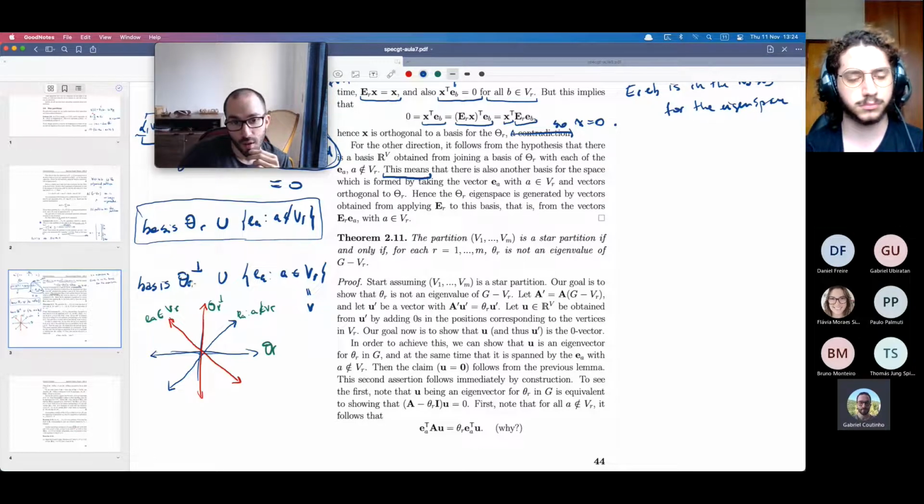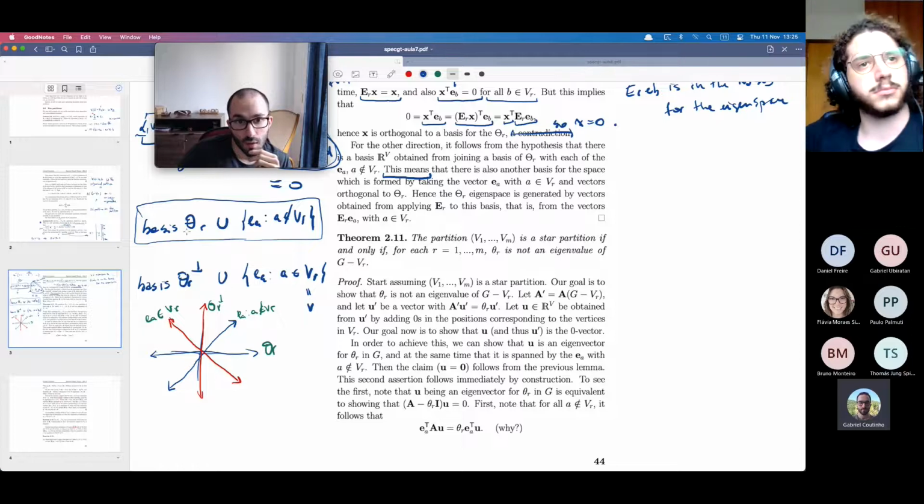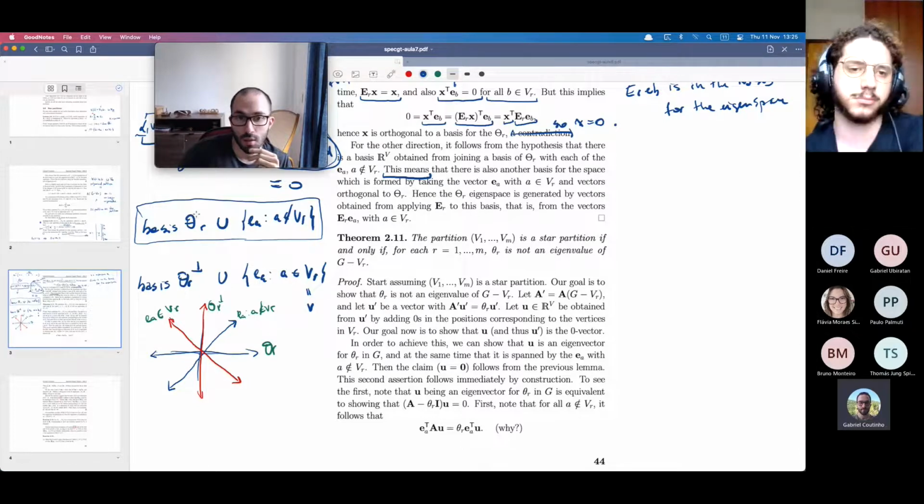If I project v onto the theta r eigenspace, the result has to be 0, because v belongs to the orthogonal complement of the theta eigenspace. And if I project v onto these guys, the result should also be 0, because v belongs to their orthogonal complement. So v must be the 0 vector.